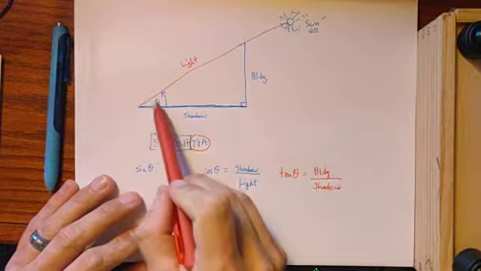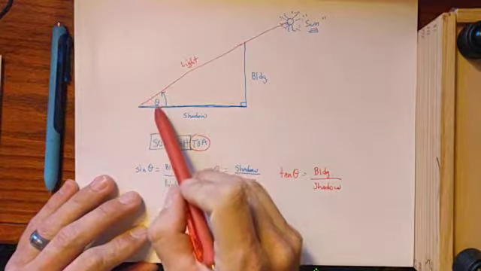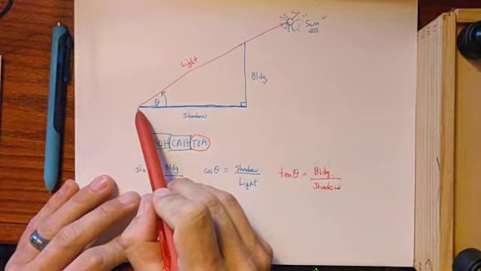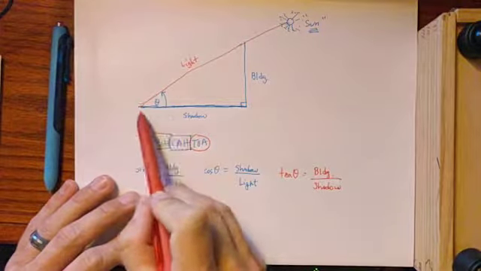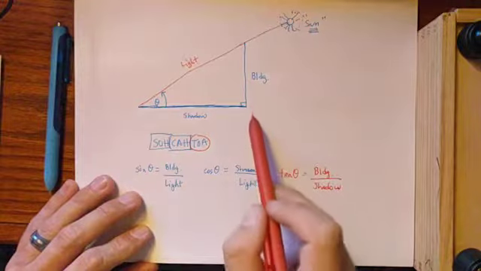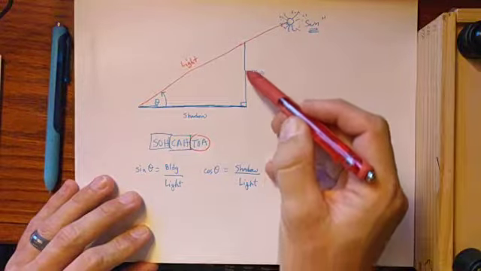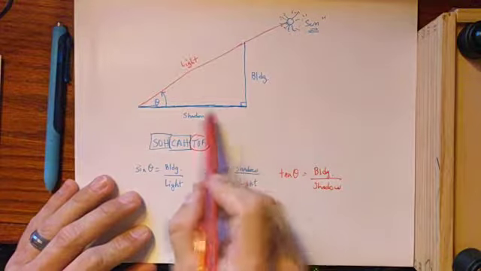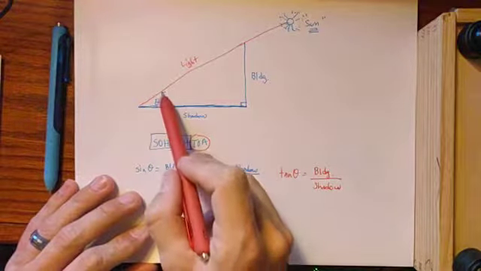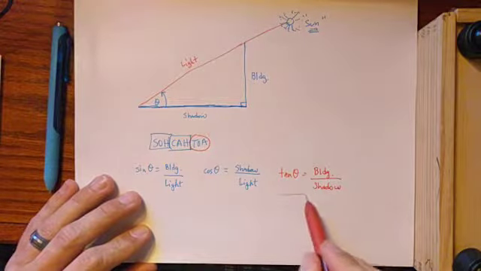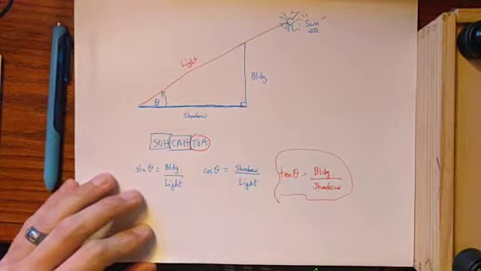You can use a clinometer or something to figure out how big that angle is when you're standing at the tip of the shadow. And if you know this angle and you know how long the shadow is, you've walked that length on the ground, then you can figure out the height of the building without sending a tape measure all the way to the top of it. You can figure that out just using how far the shadow length is and how big the angle is up to the top of the building at that time. So this would be the kind of thing that you would use to solve that.